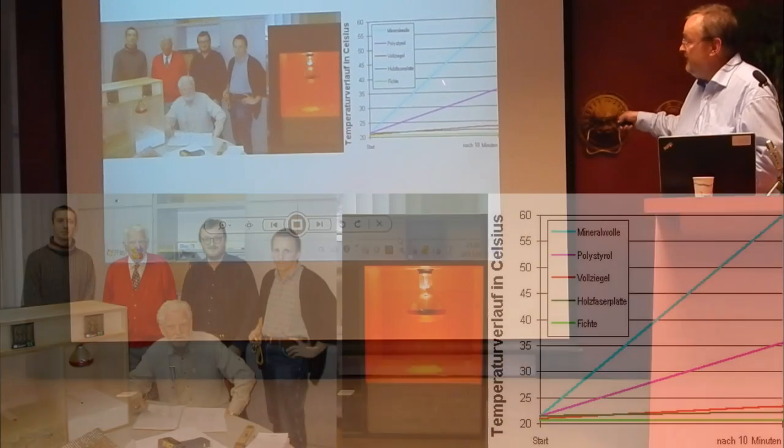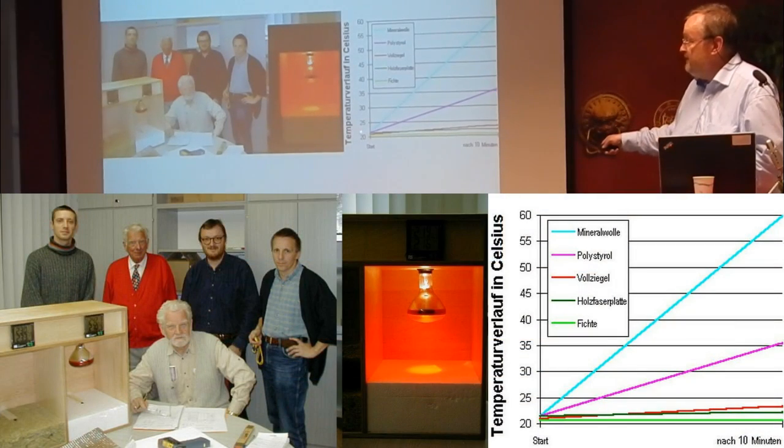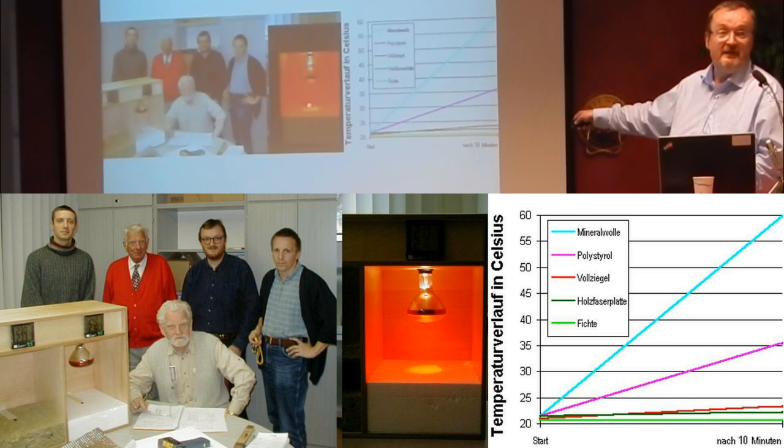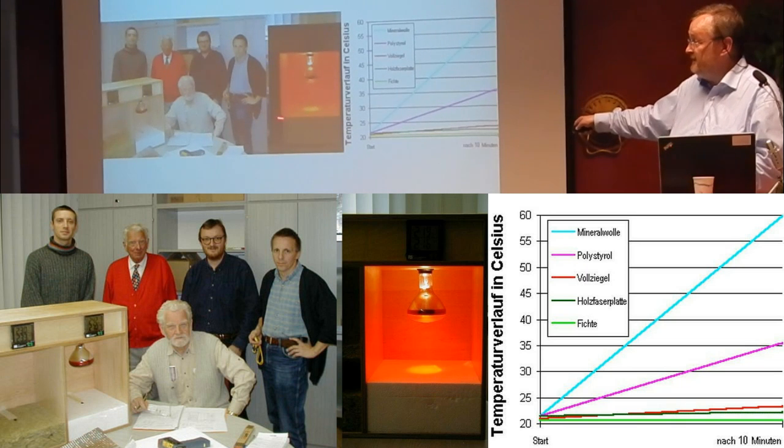And we did some experiments to find out the temperature after 10 minutes burning on a 4 centimeter plate. This is mineral wool, this is wood and brick, and this is polystyrene. That's the temperature after 10 minutes having a 150 watt lamp on a 4 centimeter plate.